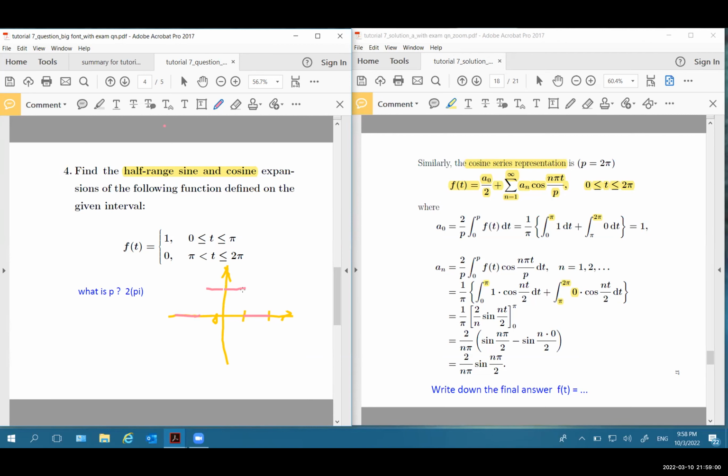You can define at pi, f(pi) to be (1 plus 0) divided by 2. So your f(pi), you define it to be 1 plus 0 divided by 2.